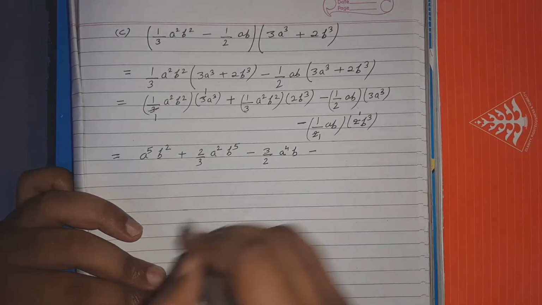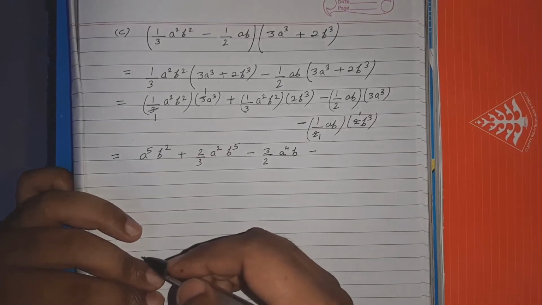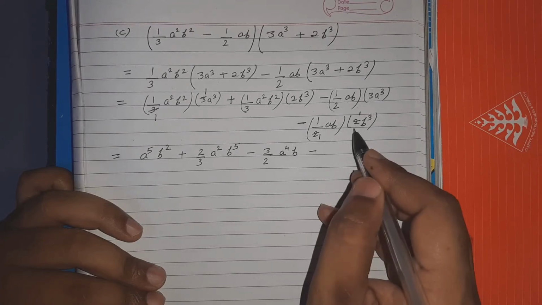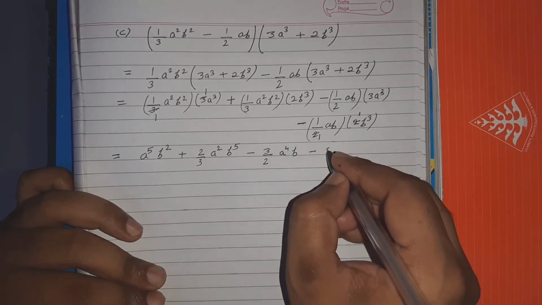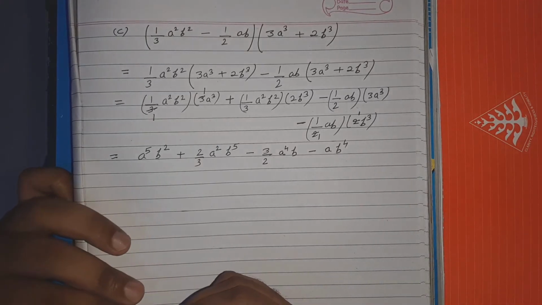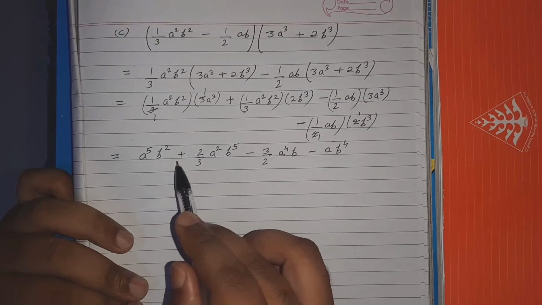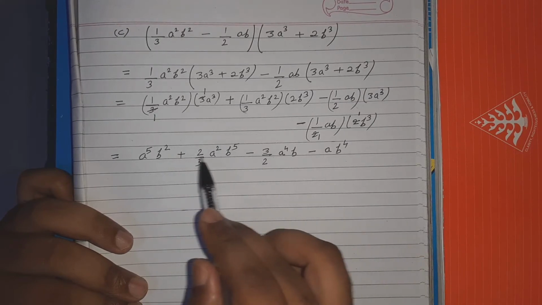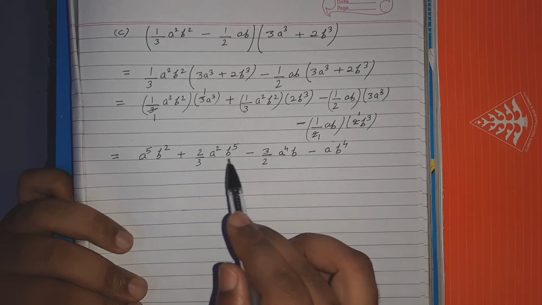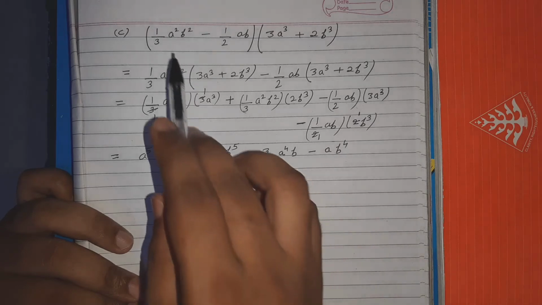And here b multiply b cube, again the base is same and both are in multiplication, so power will add, so it will be a b raised to power 4. Now you can see there are no like terms in this expression or polynomial. So this is the simplest form of this product.